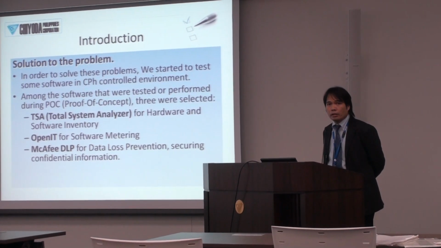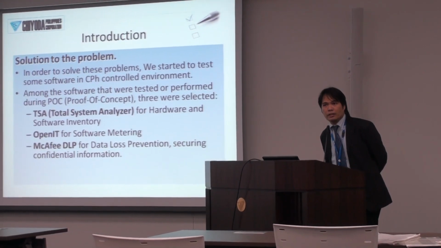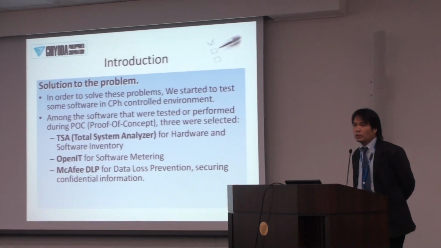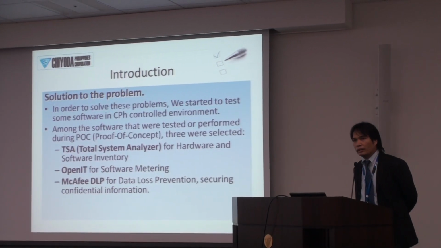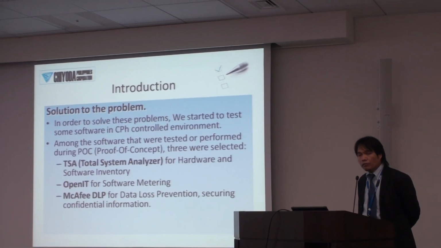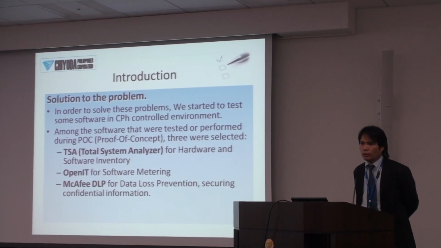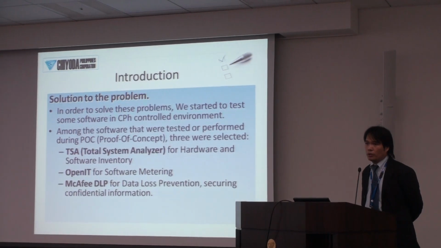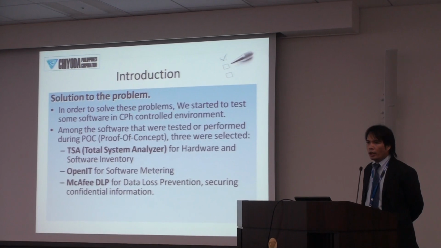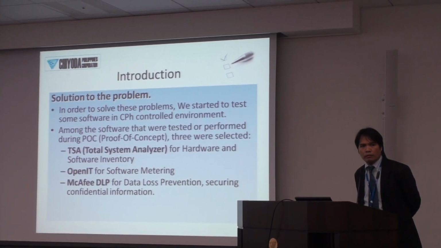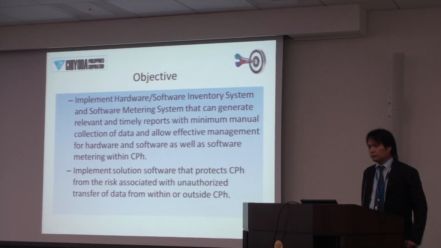For software inventory, basically, what software is installed, how many licenses are there, which computer has compliance in terms of software. For the Open IT software metering, basically it checks whether you properly utilize your computer and your applications. For example, McAfee DLP literally checks and prevents users from leaking confidential information owned by CPH.